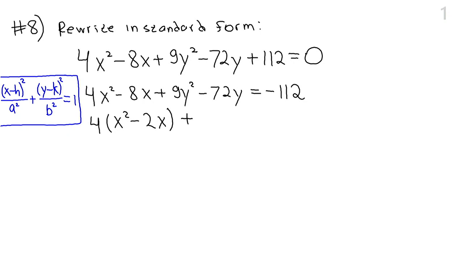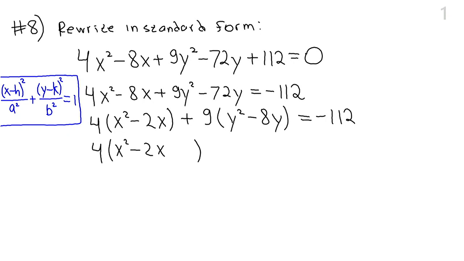From the next two terms, I'm going to factor the 9 out, so I'm going to have 9 times y squared minus 8y. And now I want to complete the square inside the parentheses, and I'm going to complete the square inside the parentheses as well.